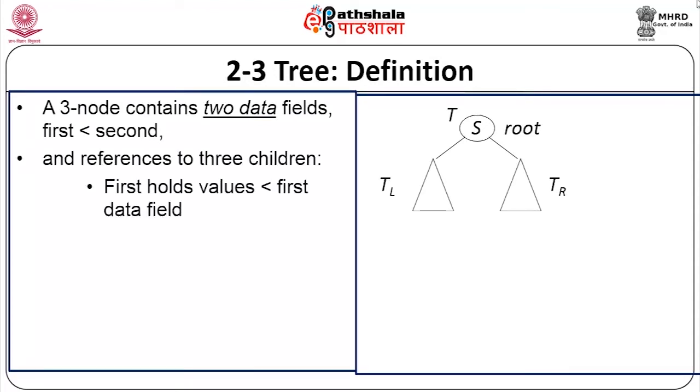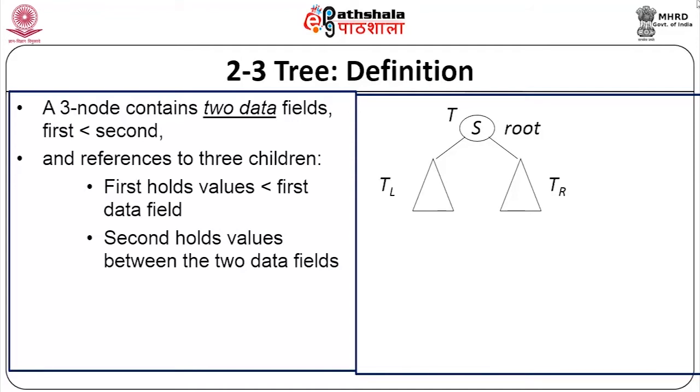Now, a 3 node is an example of an internal node that contains 2 data fields. The first item is lesser than the second item, and it references 3 children. The first child, or subtree, holds values less than the first data field.